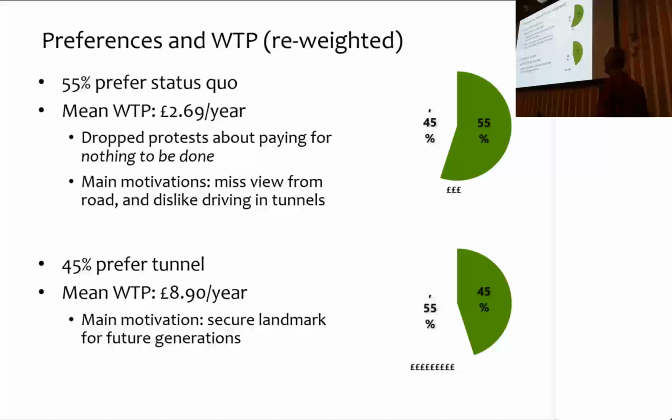45% actually prefer the alternative, and we're willing to pay a good bit more, around £9 per year. And the main motivation that they gave was actually this would secure Stonehenge for future generations, which is a nonsense argument because the roads do not damage Stonehenge. It just spoils the enjoyment of visiting Stonehenge.